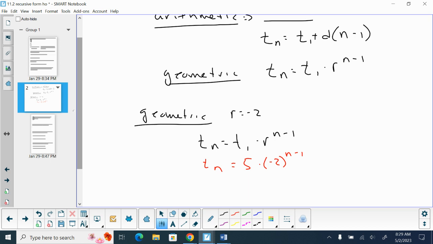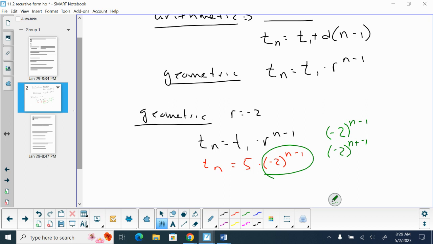Well, if we take a look at this negative 2 to the n minus 1 power and use our properties of exponents, this is negative 2 to the n plus a negative 1 power.